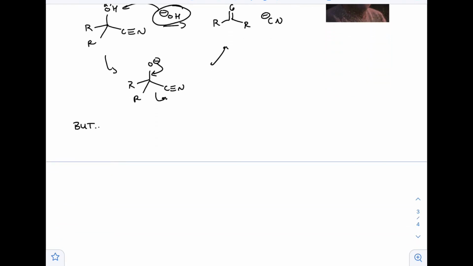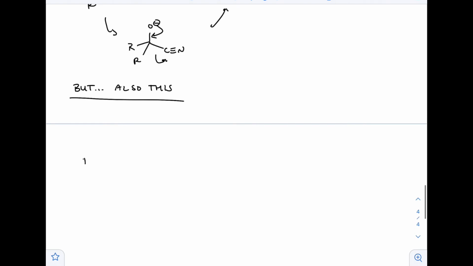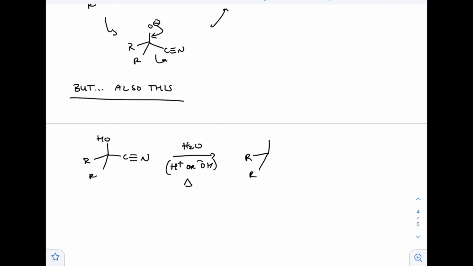And it depends on the conditions, but we can also do another reaction, which is the one that I'm talking about, that is synthetically useful. So if we have a cyanohydrin in the presence of water or base, again, we need that water to really make this go forward with the base, but I'll show you the mechanism with acid and water.